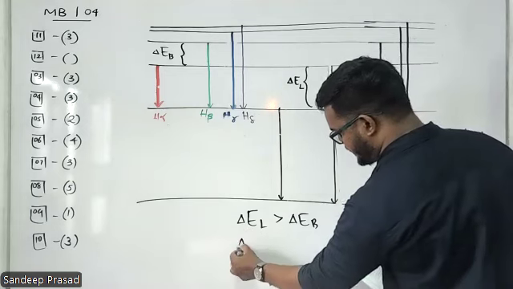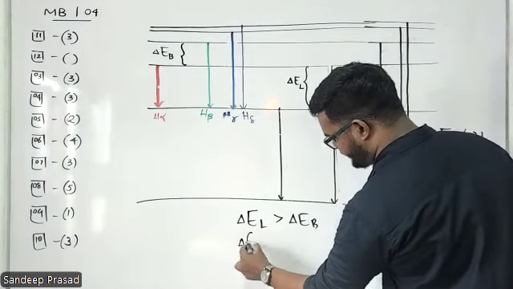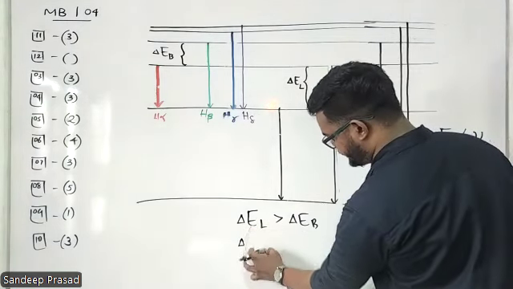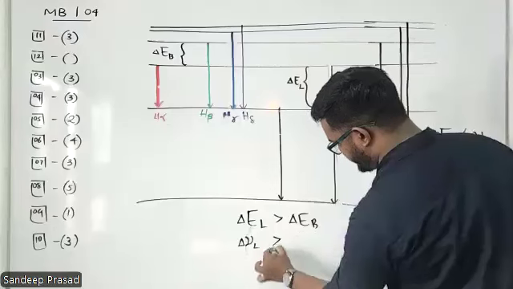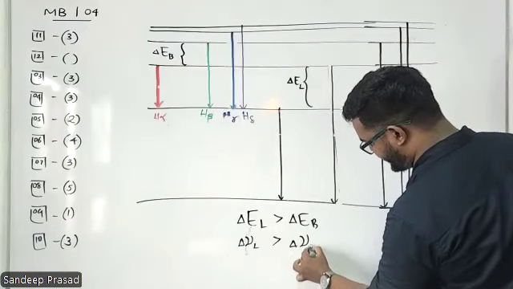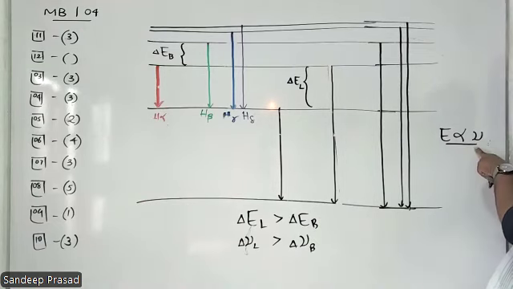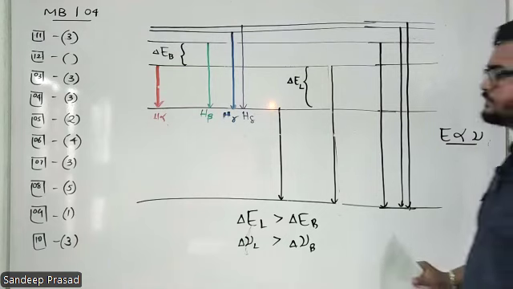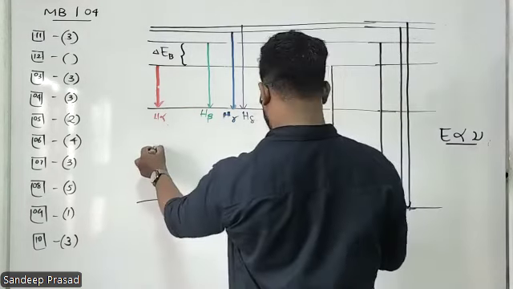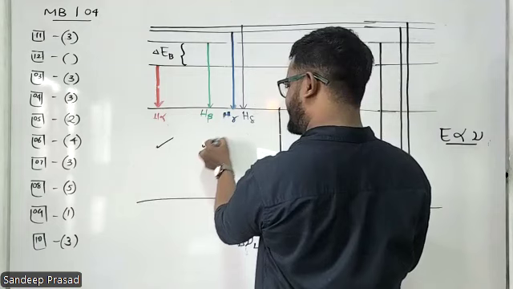Yeah, that's correct. Instead of energy, I can take frequency. Delta nu L is greater than delta nu B, because energy is directly proportional to the frequency. Understood? Then the first statement is correct. The second statement is also correct.